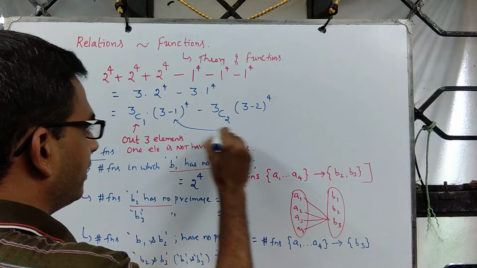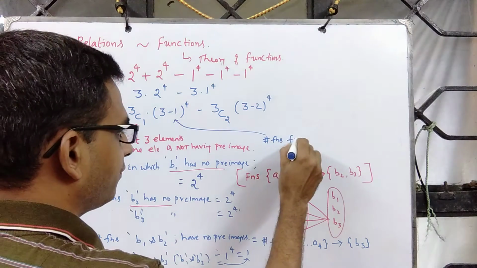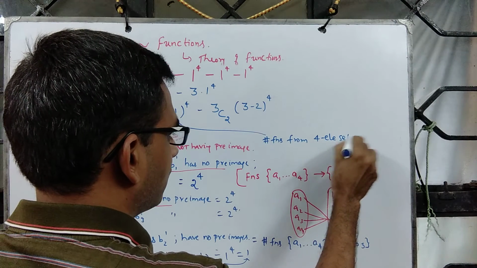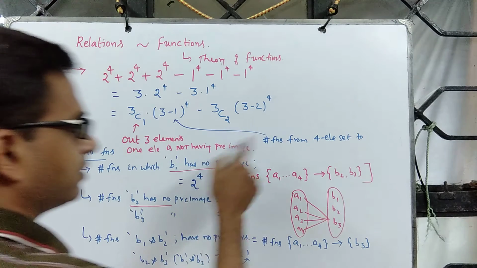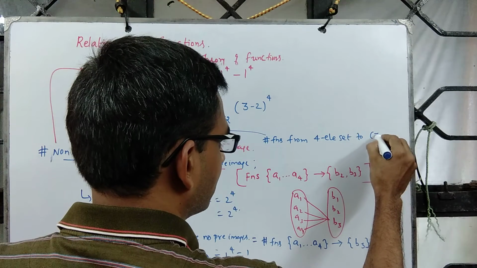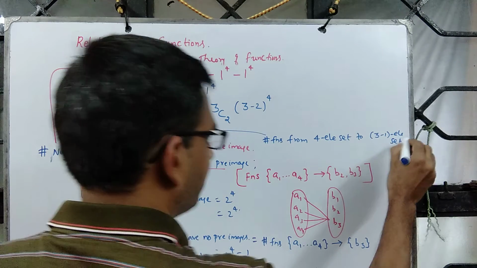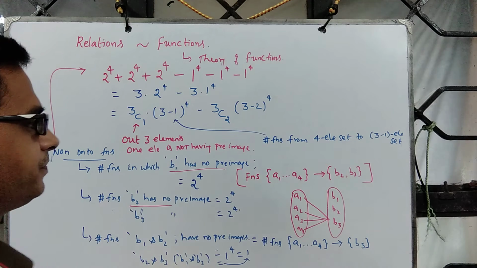So this will tell you the number of functions from a 4 element set, where 1 element is not having a pre-image, to a 3 minus 1 element set, or 2 element set, because 1 element is not having a pre-image.